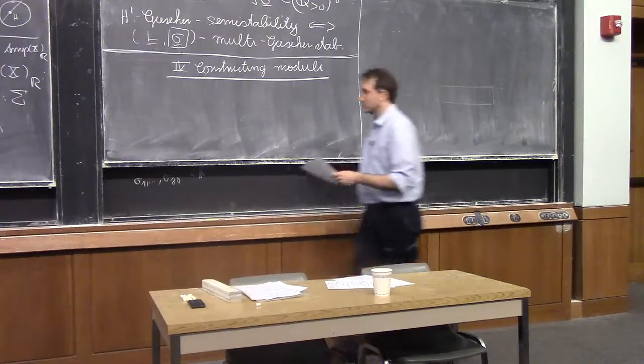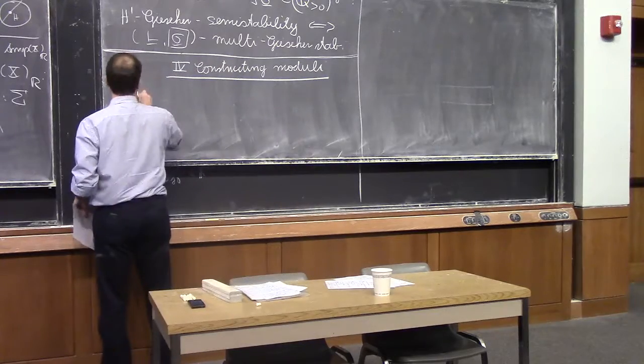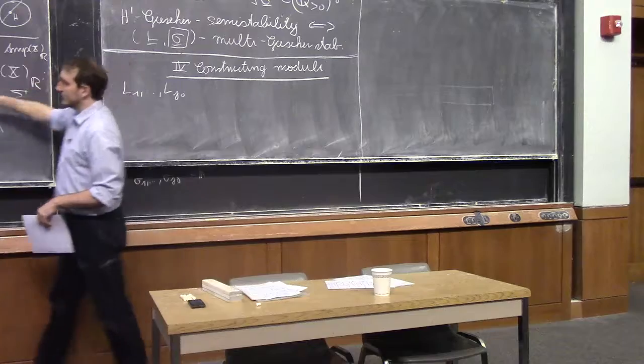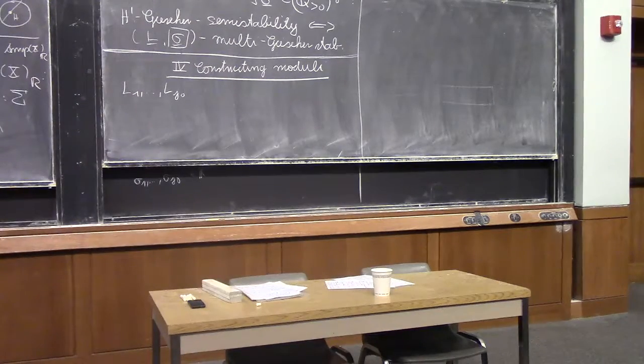Okay. So for the rest of the talk, L1 up to L J naught are fixed. You can think about those whose existence I claim here.